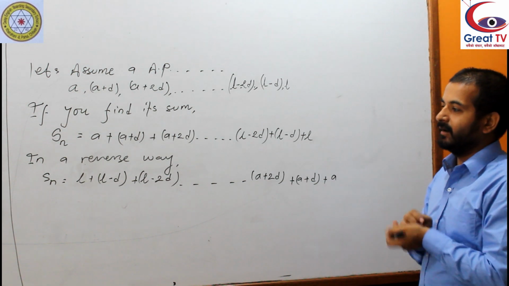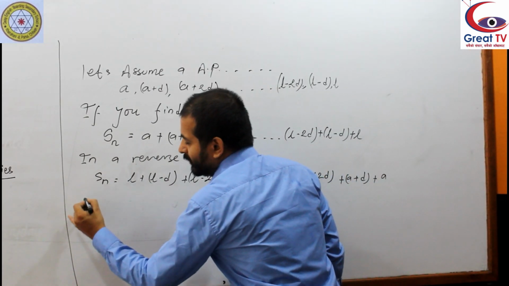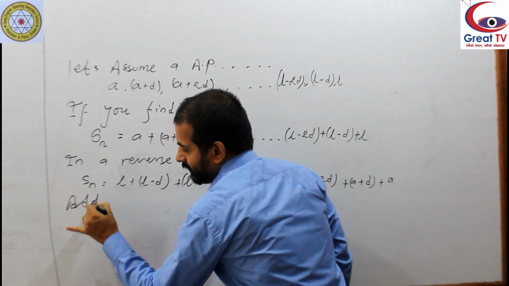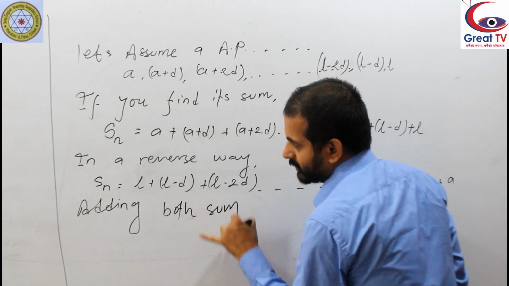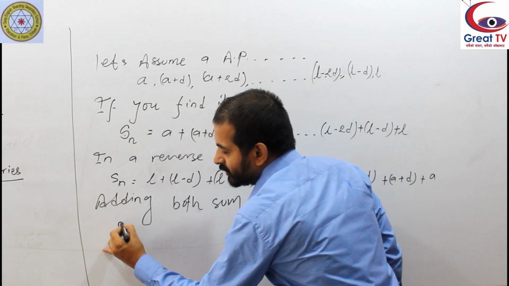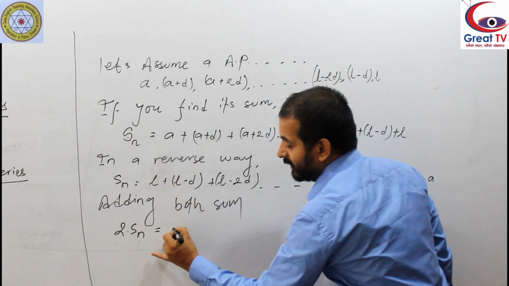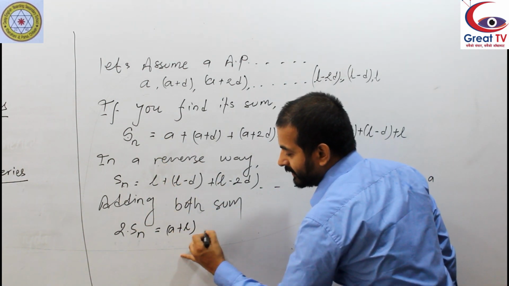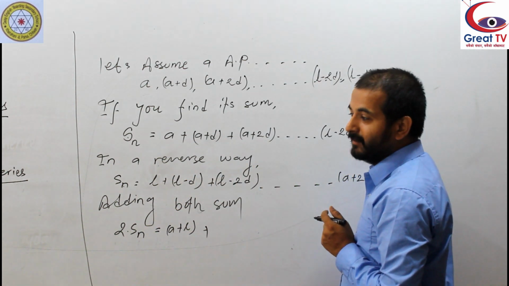Now if you add, what will happen? Look here. Adding both sums, Sn plus Sn, 2 Sn. It is very simple for you. Now a plus l. Look here. Now a plus d and l minus d. Please tell me the sum.